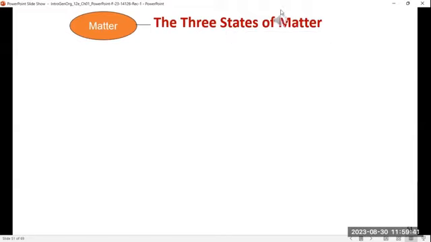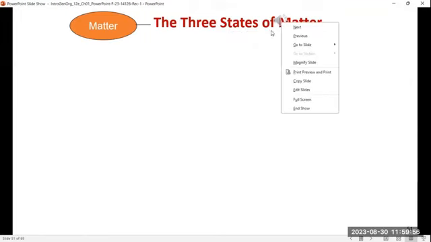Now, the states of matter. This is one of the states of matter. How many states of matter are there? Solid, liquid, gas. This is the solid state. A solid has definite volume.